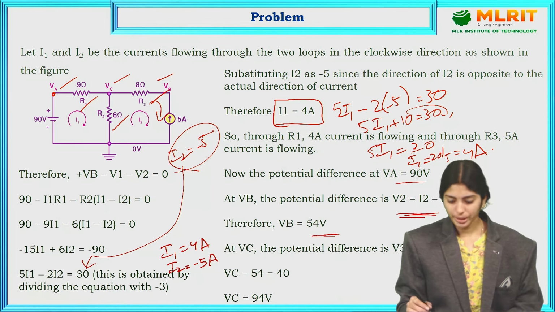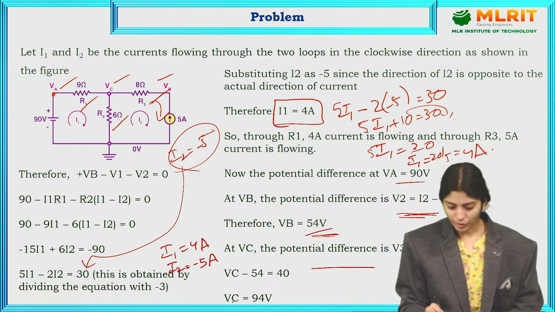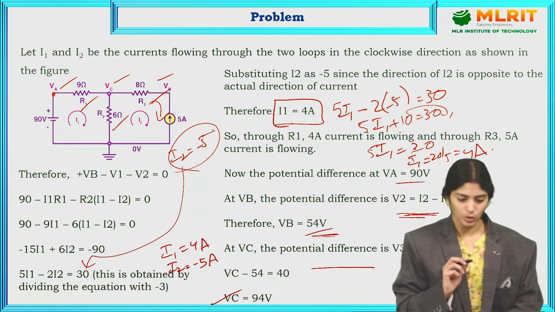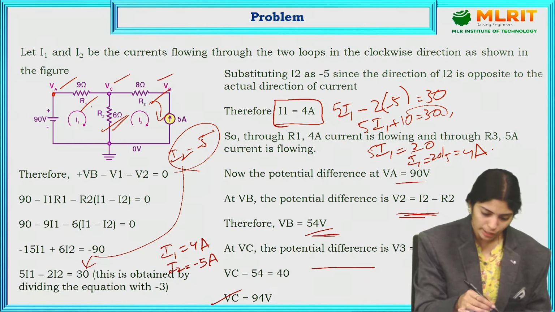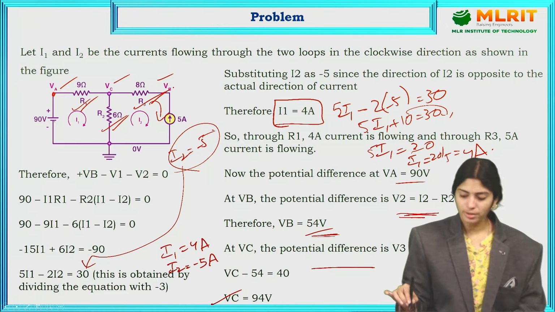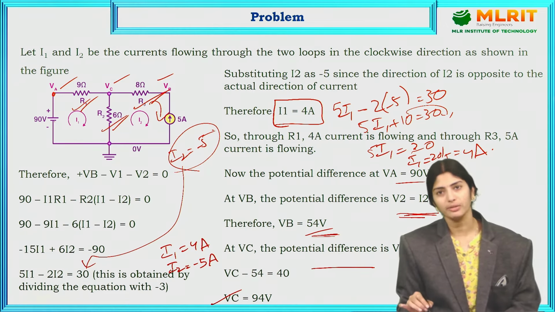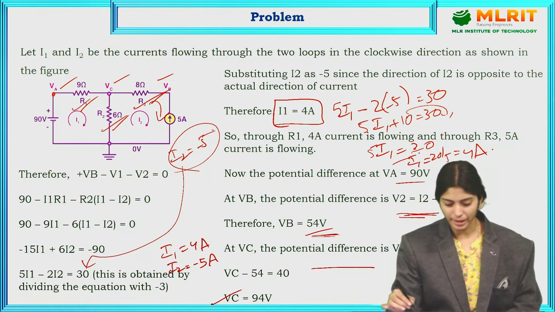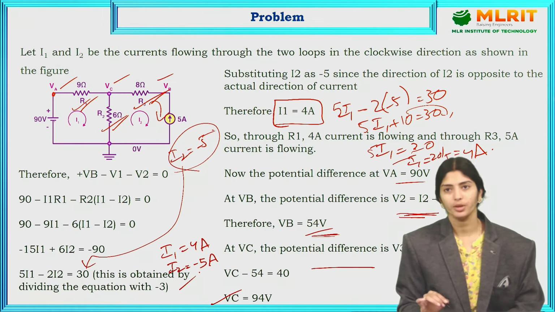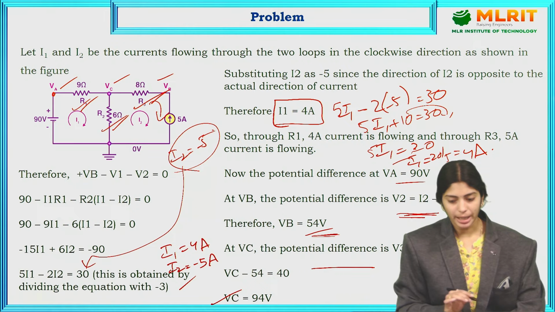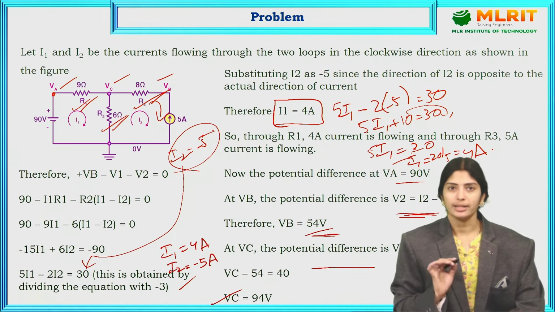At VC, we can find out the value of V3, so with that we can find VC also. We can find the voltage drops of each element whenever we know the values of the currents in the circuit, I1 and I2. So like this we should be able to solve mesh analysis problems.